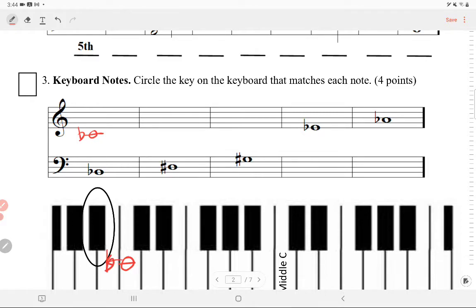And if, for instance, instead of a flat you have a sharp in front of C, like this, that takes this note up here. So it's a C sharp in this case, a half step up. I hope that makes sense.